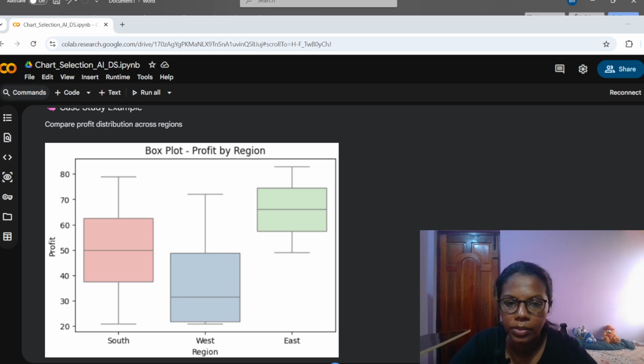So this chart is specifically used for detecting outliers. Sometimes I want to compare salary across departments, or check profit distribution by region, or even see the feature comparison across different classes. In those scenarios too, I could use this box plot.